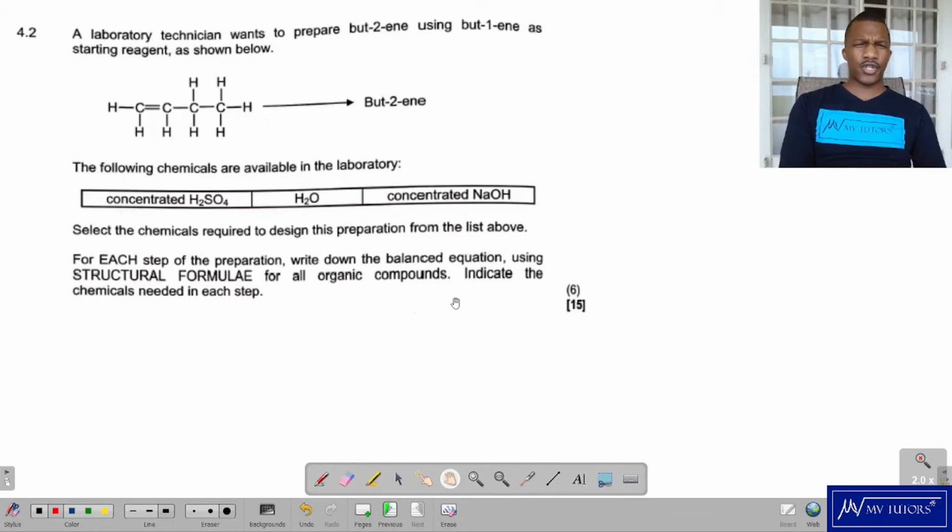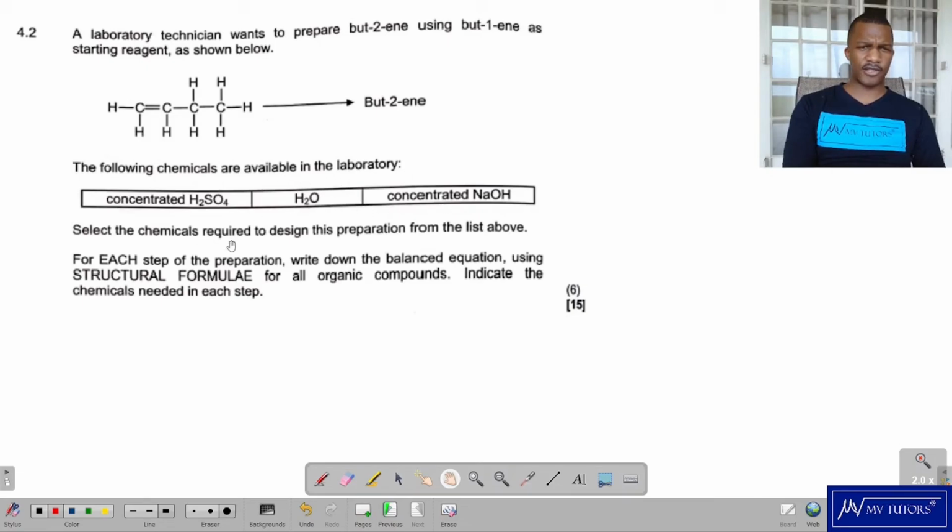Okay, let's look at question 4.2 now. It says a laboratory technician wants to prepare but-2-yne using but-1-yne as starting reagent as shown below. Okay, that's cool. The following chemicals are available in the laboratory.